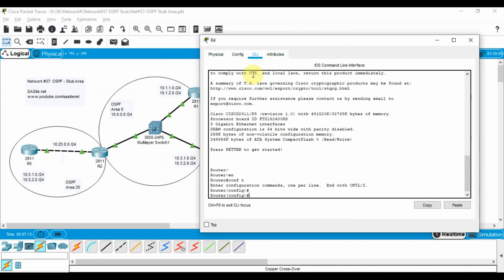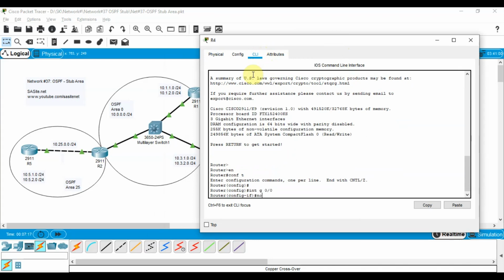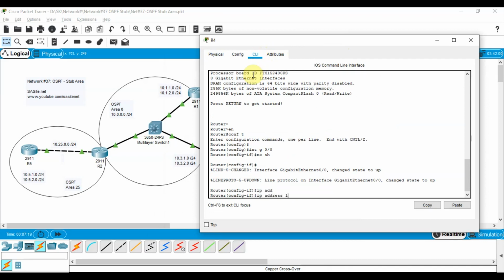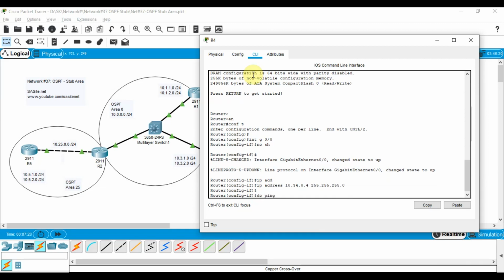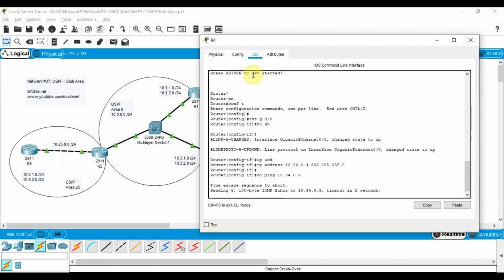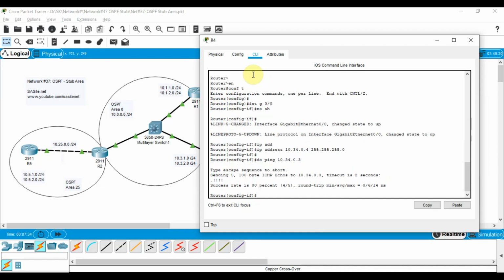Let's configure that interface. Interface gig 0/0, no shut. The IP address is 10.34.0.4 /24. From here, do ping 10.34.0.3. Are we able to ping R3? Yes, good.